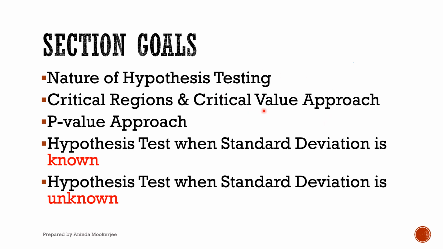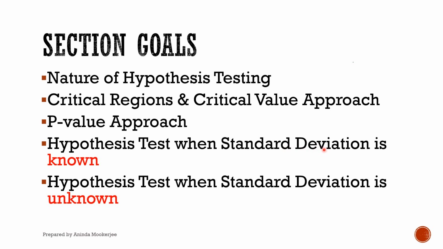One is called the critical value approach, and the other one is called the p-value approach. Right, so we will talk in detail about that, and then we will go through the entire step-by-step process of performing a hypothesis test under two circumstances.